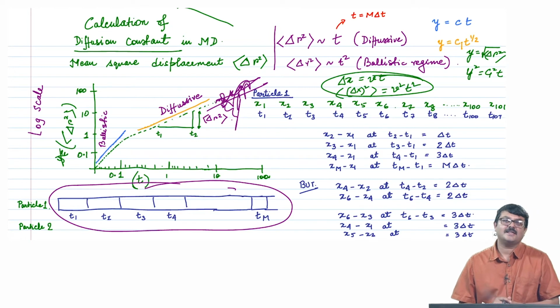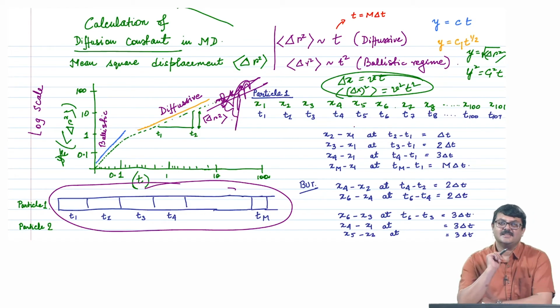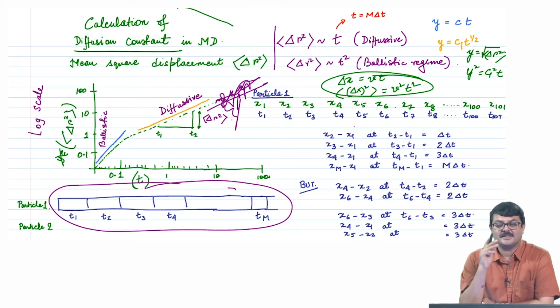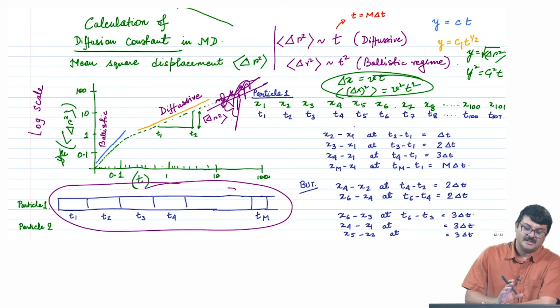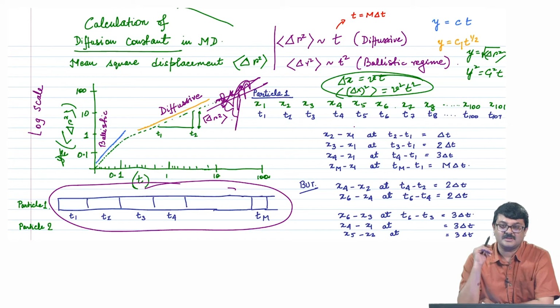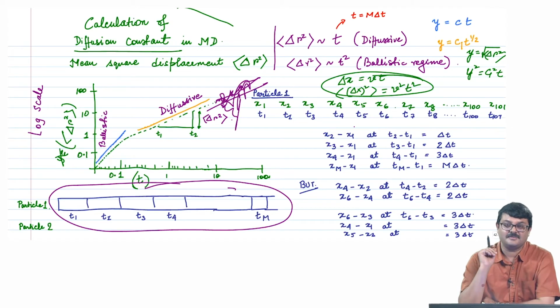Whereas, especially at long times, you do not need to save the difference in positions at each time, right. You can save it every 100 iterations or every 1000 iterations, especially when you are looking at displacements at iteration differences of 10,000.